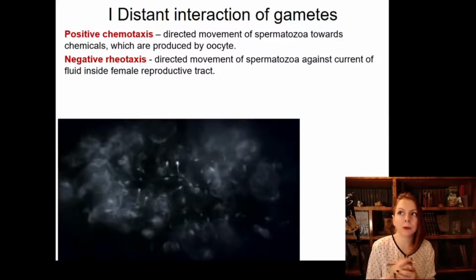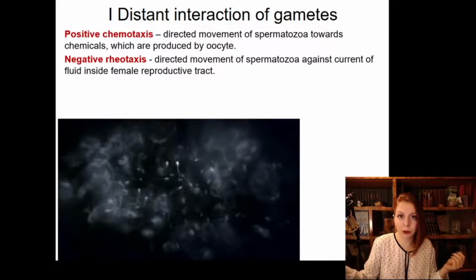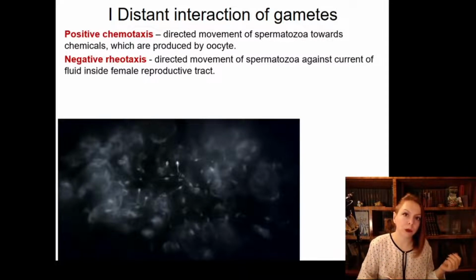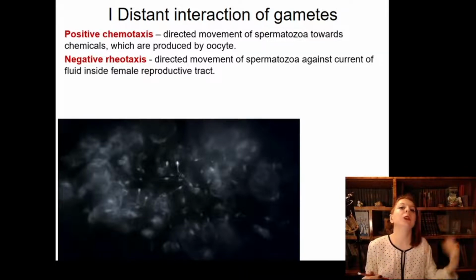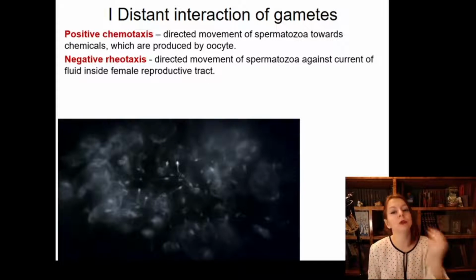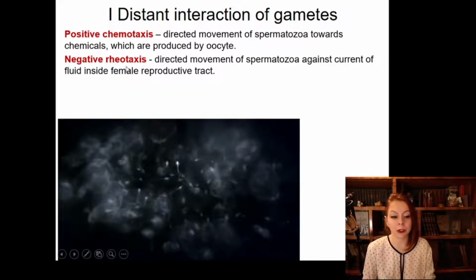It's very important because in the female reproductive tract, fluid moves from the fallopian tube to the uterus to move the newly created organism, or the oocyte, from the fallopian tube to the uterus, and there is a natural movement of the fluid. But spermatozoa need to go in the opposite direction, from the uterus to the fallopian tube, to fertilize an egg. So they move against the current of the fluid. That's what we call negative rheotaxis.